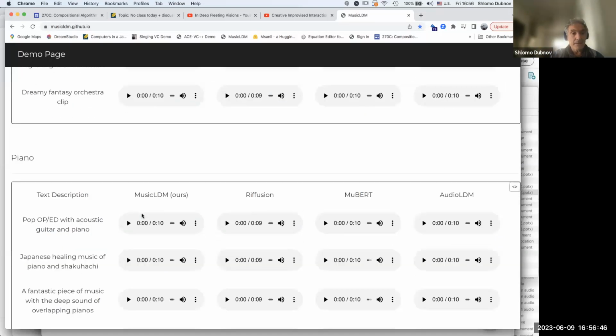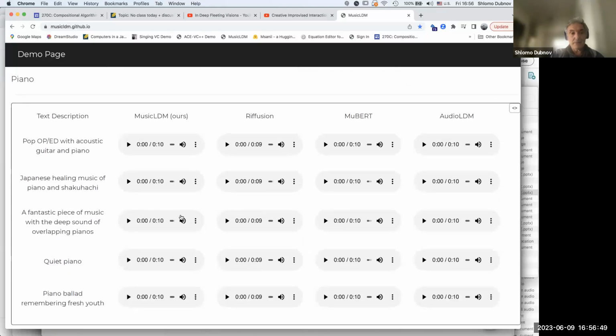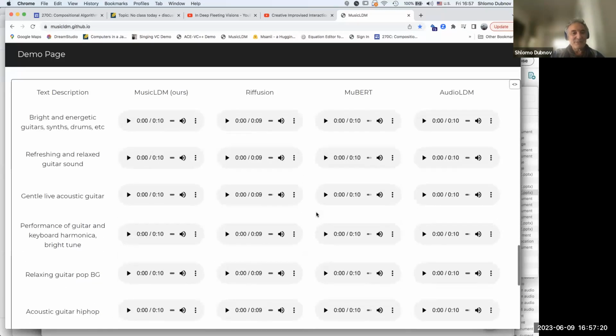Yeah, piano, they're a little bit more difficult examples, but fantastic piece of music. Mubert. Actually, there are a lot of instruments which are not piano. Again, Refusion always sounds the same. General live acoustic guitar.